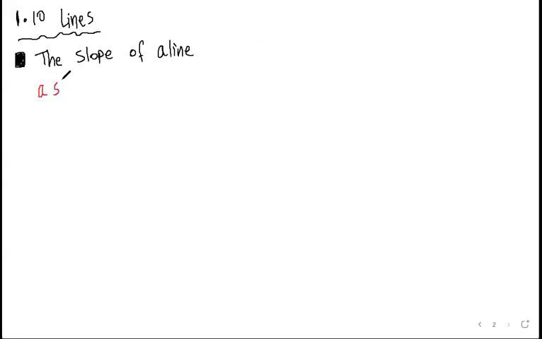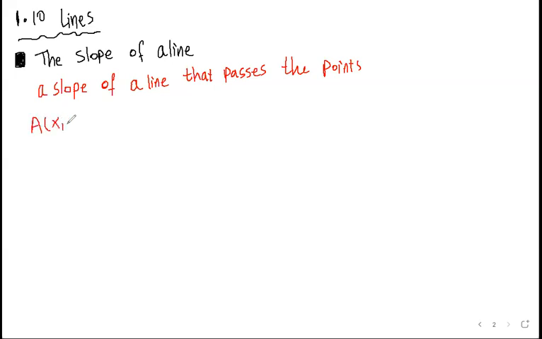So the slope of a line that passes through the points: first point A is x1 comma y1, and the second point is B, x2 comma y2.